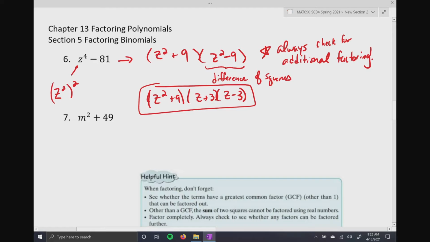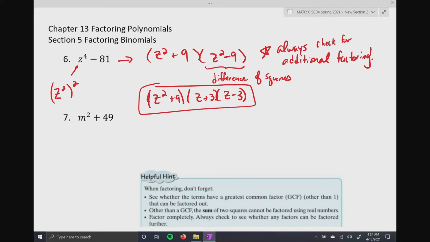So look at your flow chart now. You got perfect squares, sum, and what's it say? It does not factor. Okay? So this difference of squares technique, all the information we need is in the name. It has to be a minus sign.